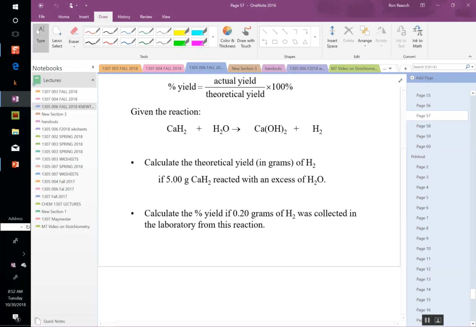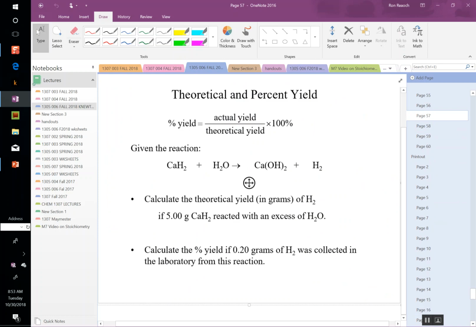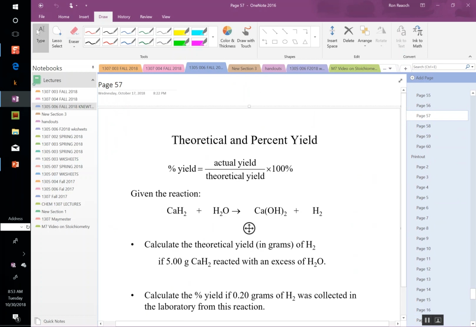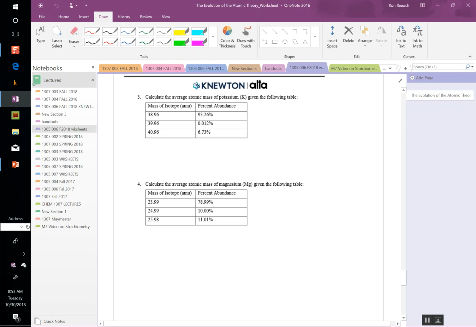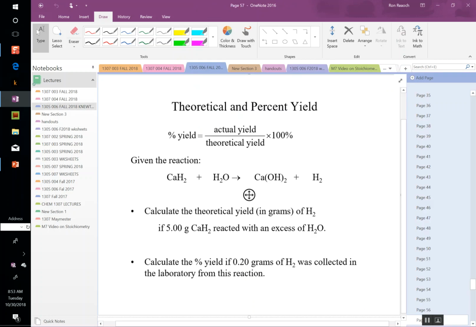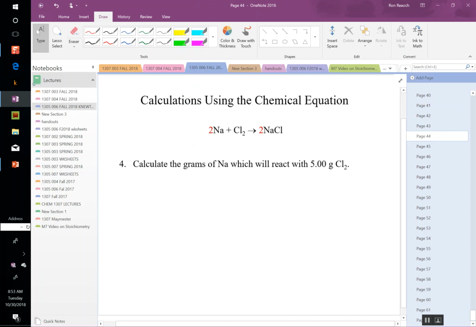Where did these worksheets go? I can't find my worksheets. I put so many slides in here, but now I don't know where to find them.